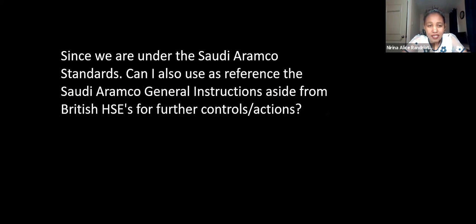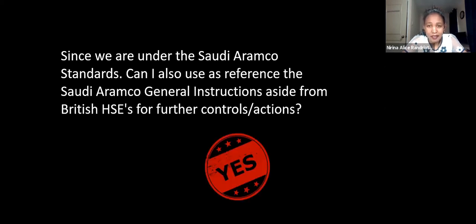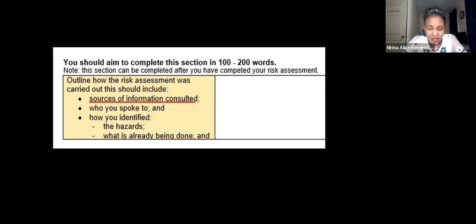Okay, next, since we are under the Saudi Aramco standards, can I also use as reference the Saudi Aramco general instructions aside from the British agencies for further controls or action? Yeah, the answer is yes. Even if you're not using the British HSC, even if you're using other standard, that's okay also. But in this case, we are referring to part 1, which is the methodology, risk assessment.